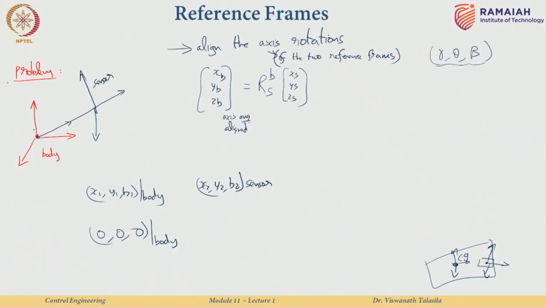So, if the body is over here, let us say this is the origin of the sensor, you basically just go along the x direction and you measure the displacement delta x. Do the same thing with y, and the same thing with z. Then all you need to do is to add the delta x, delta y, delta z. This is the translation displacement between the origins of the axes.